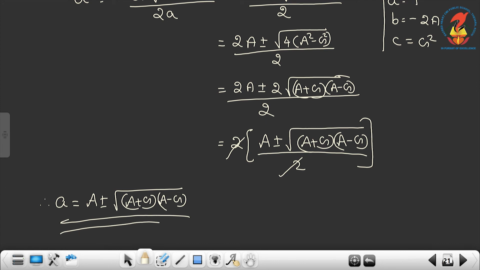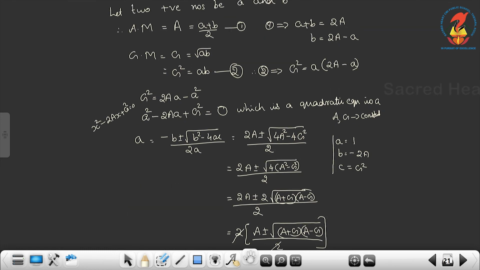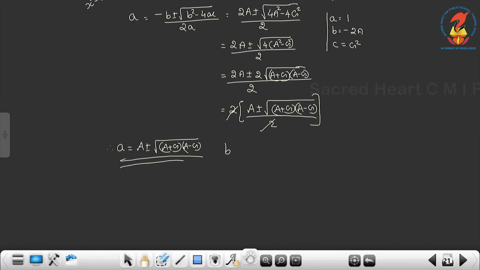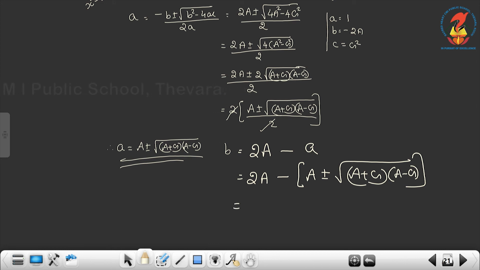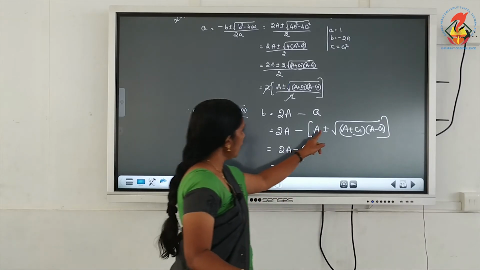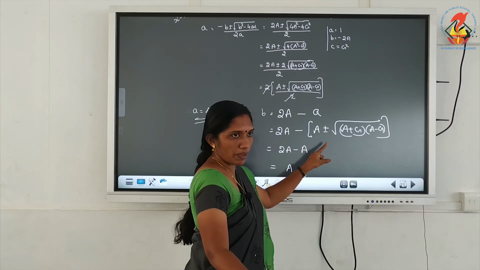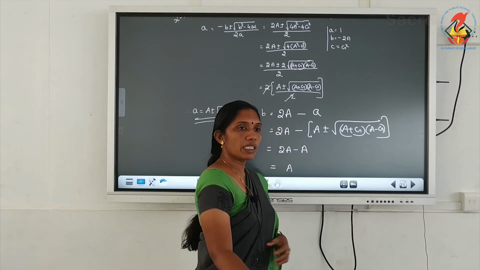Now we have to find b also. What is b? Look here, b is 2A minus a. So b is equal to 2A minus bracket a plus or minus root of (A plus G) into (A minus G). 2A minus A becomes A. Then minus plus or minus: if this is positive, minus into plus becomes minus; if this is negative, negative into negative becomes positive.